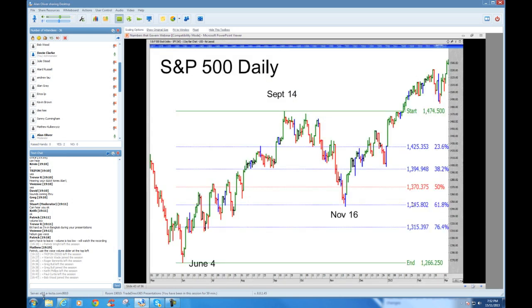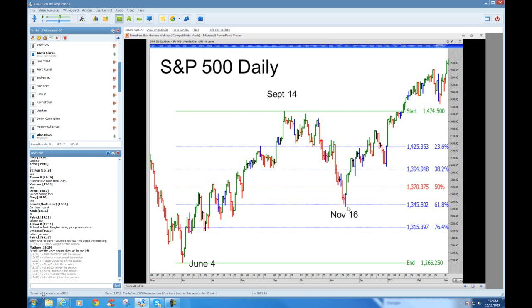The S&P 500, for example, one of the most closely watched stock indices in the world today, 500 stocks in the US, and all fund managers, institution banks, they all watch this chart very carefully as a lead for the strength or the direction of the US economy. Now what we can see here, it made a low June 4, it made a top September 14, and all I simply did was put the Fibonacci tool between the low and the high.